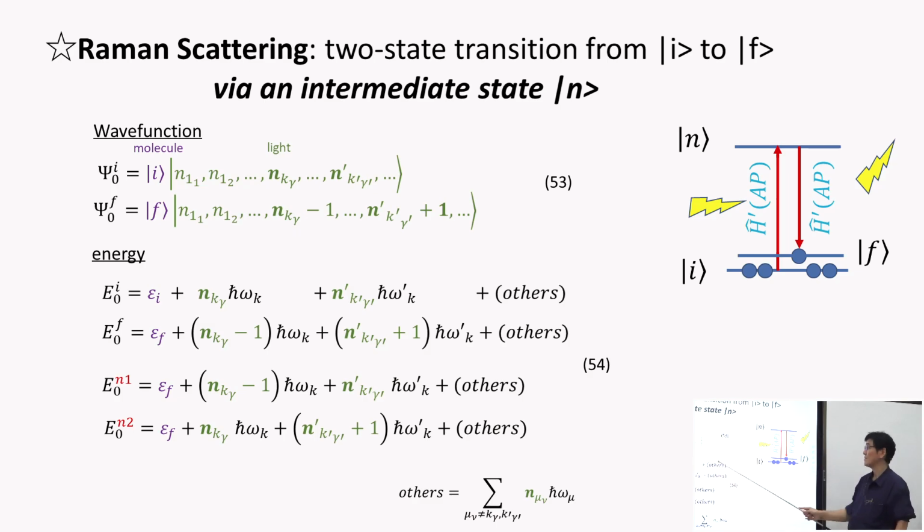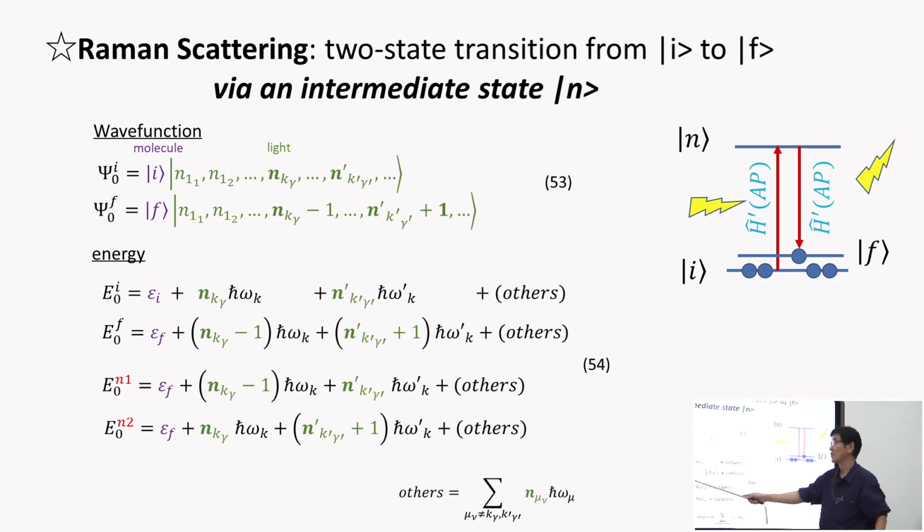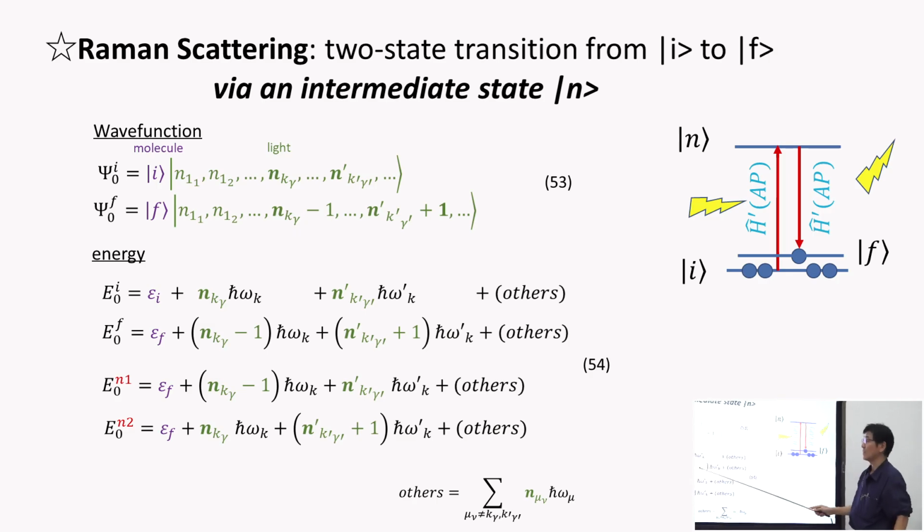And the other terms, let's ignore or sum up as others. Then the initial state is the sum of the energy of the molecule plus the energy of the light. In the final state, something decreases 1, something increases 1, and the energy is that of the final state.